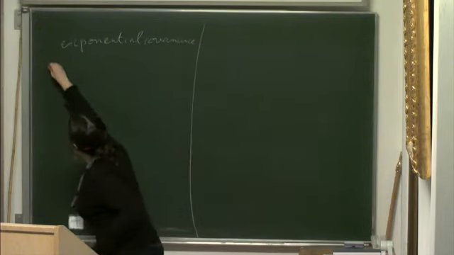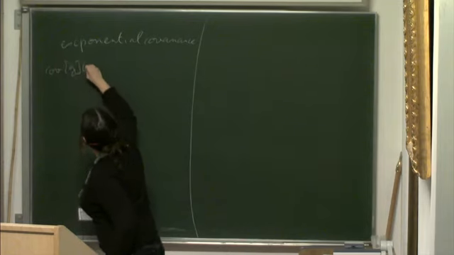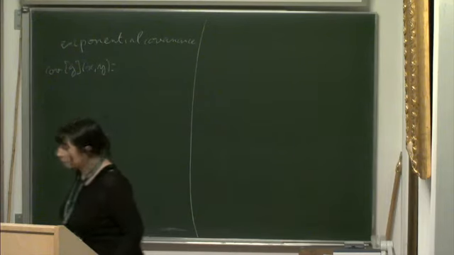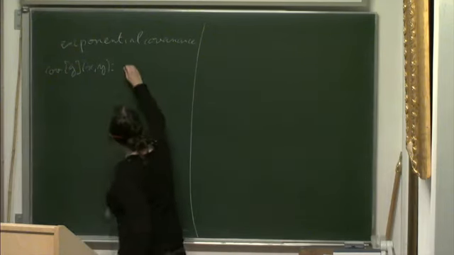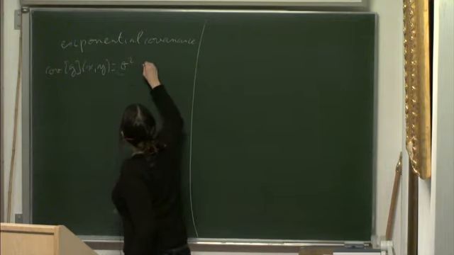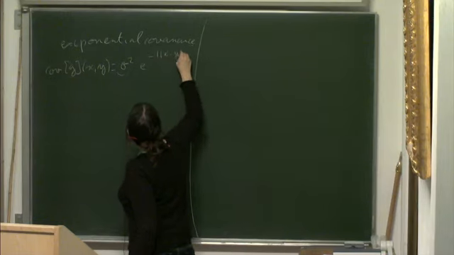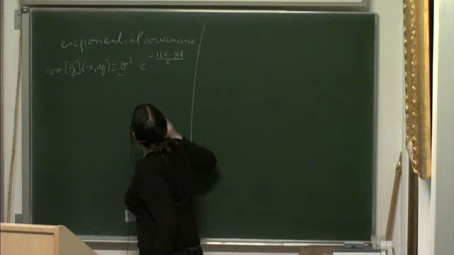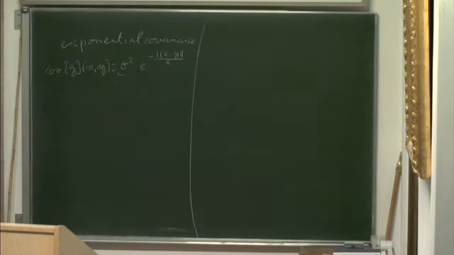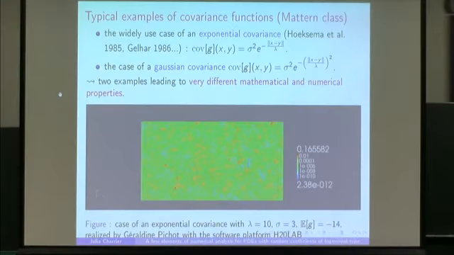So the covariance of x and y is equal to sigma squared, which is the variance, times the exponential of minus the distance between x and y over lambda. So lambda is called the covariance length, and it gives you the scale at which the covariance decreases.